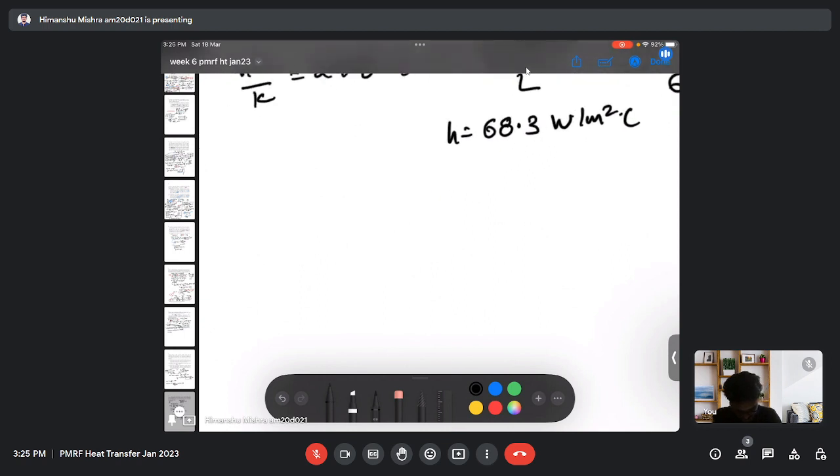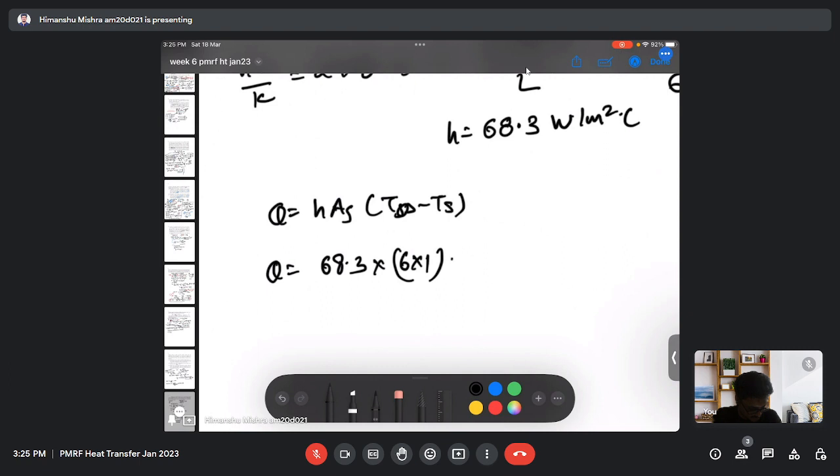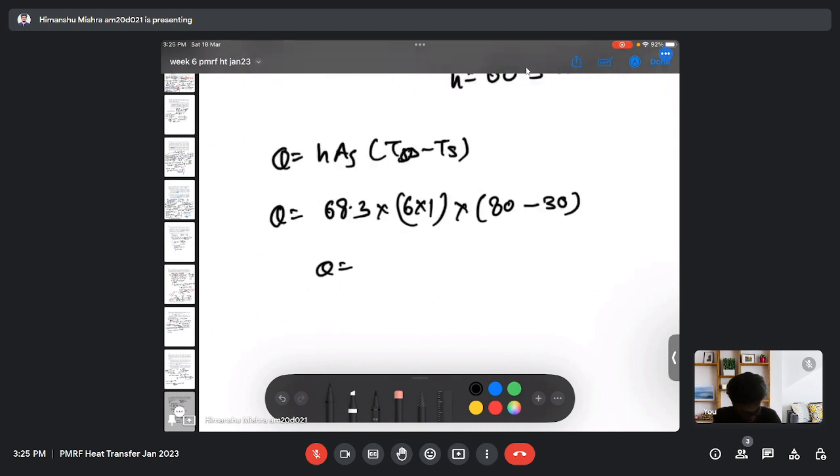Now I can use Newton's law of cooling to define the heat transfer. This is my area. So my heat transfer will be around 20.5 kilowatt.